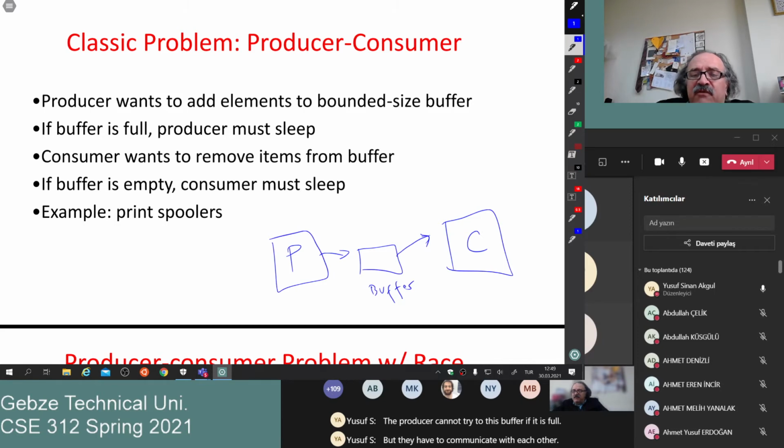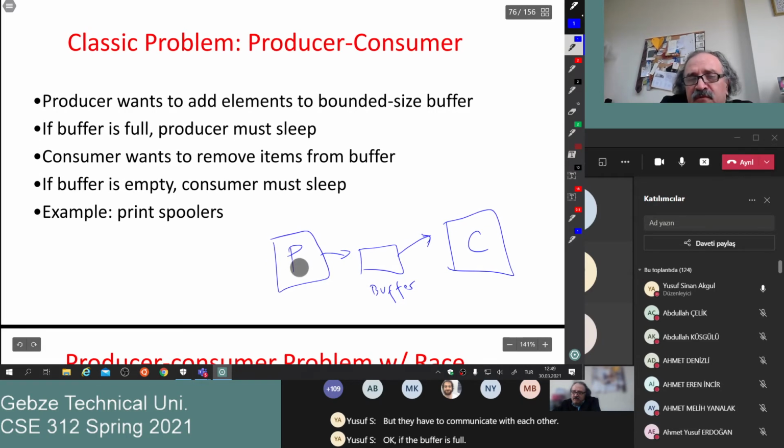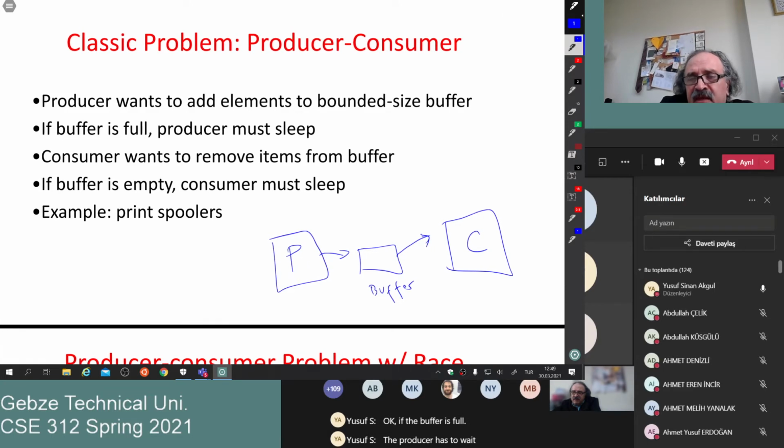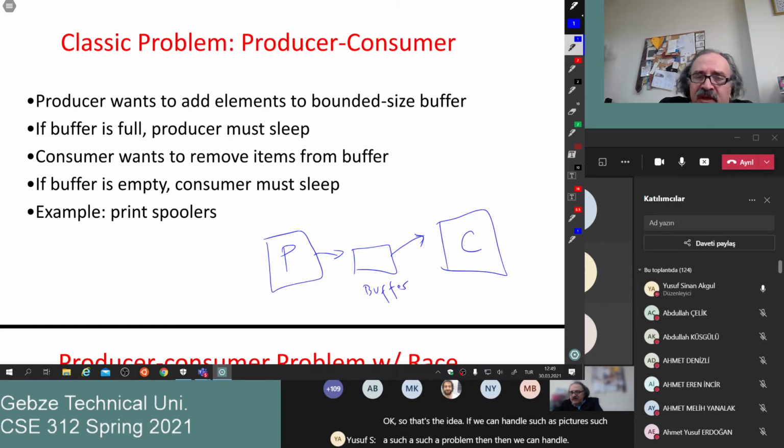If the buffer is full, the producer has to wait or sleep. If the buffer is empty, the consumer has to sleep. So that's the idea. If we can handle such a problem, then we can handle any kind of inter-process communication.